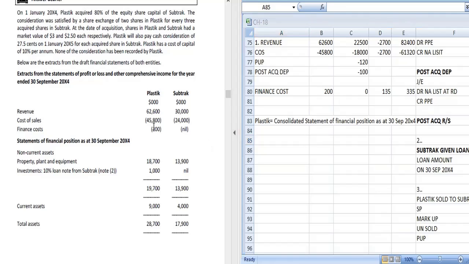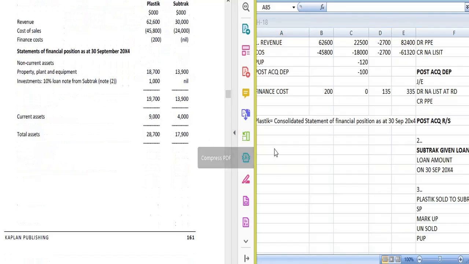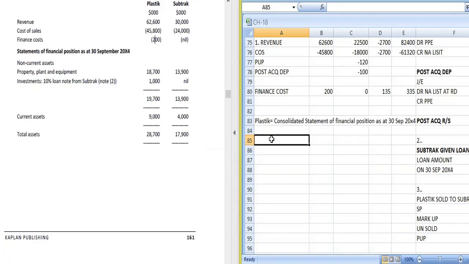Okay, we will add each and every item one by one. Only a few adjustments or new items need to be written on the financial position statement.